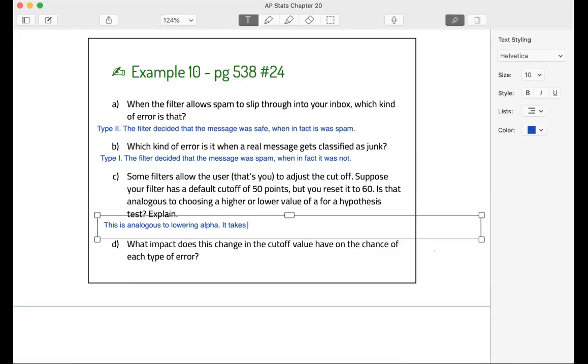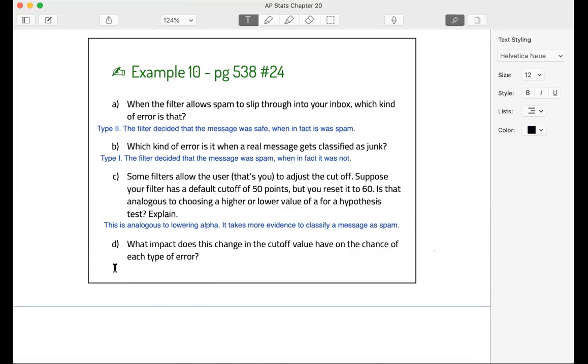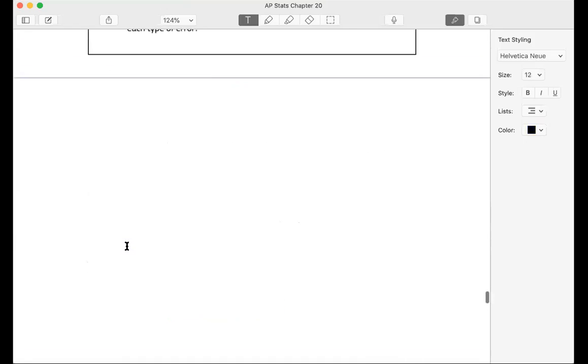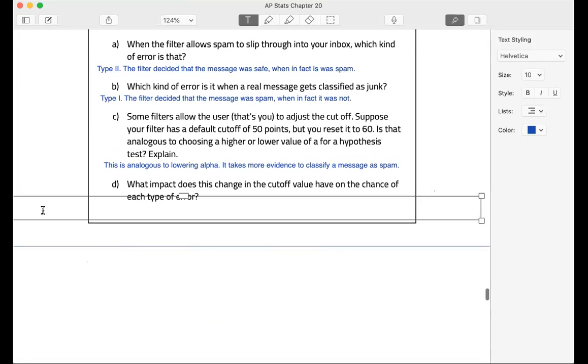It takes more evidence to classify a message as spam. All right. What impact does this change in cutoff value have on the chance of each type of error?